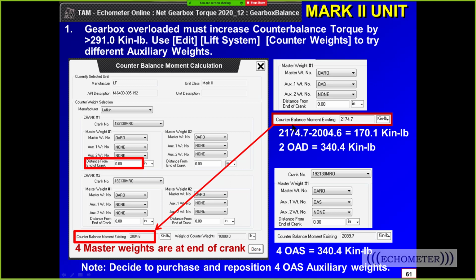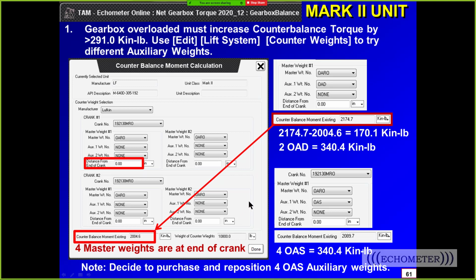If we add just one OAD master weight by coming here and changing that, dropping it down, we see that the counterbalance moment goes to 2,174 thousand inch-pounds, so each OAD weight adds about 170,000. To get more than 291,000 inch-pounds, we need to add 2 OAD weights, or we could add OAS weights, and 4 OAS weights would add 340,000 inch-pounds of counterbalance.